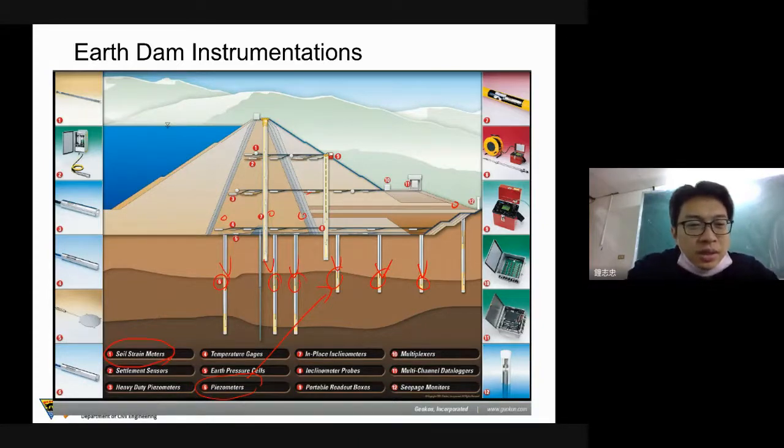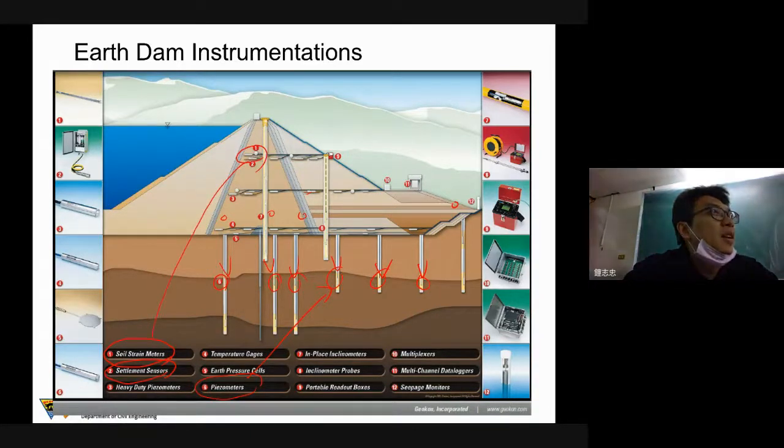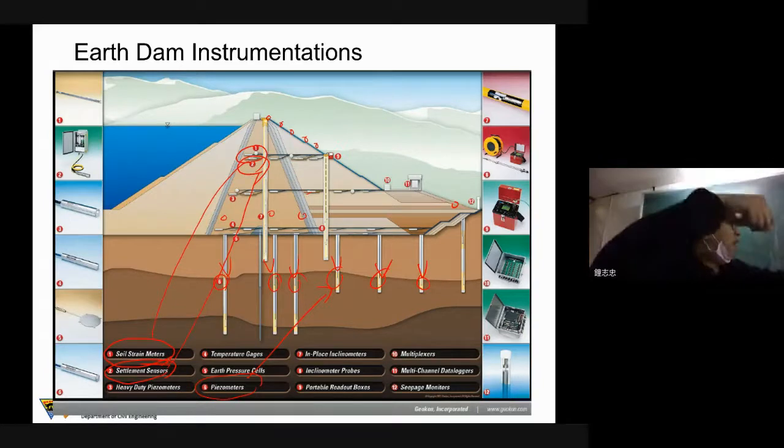Sometimes we may install a strain gauge or a settlement sensor inside of this earth dam, and sometimes we will monitor the surface elevation of this earth dam. Why? I just said that the earth dam is made of soil with compaction, you know, like compaction, right?